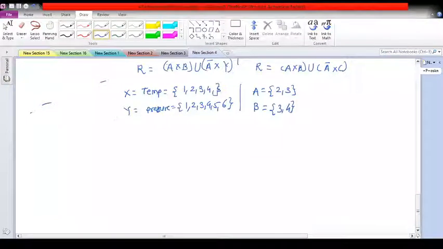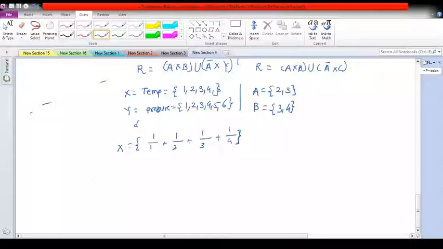Now let us express it in set theory form. X will be 1 for 1, 2, 3 and 4, because in a crisp set the membership is represented with either 1 or 0.